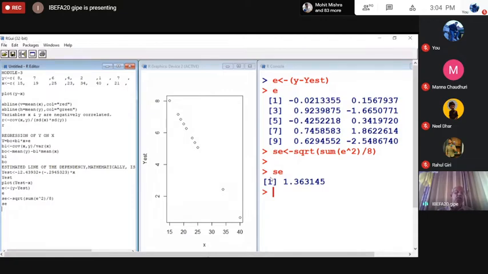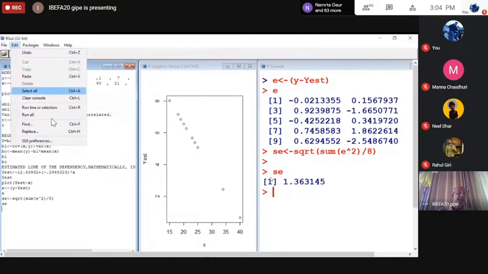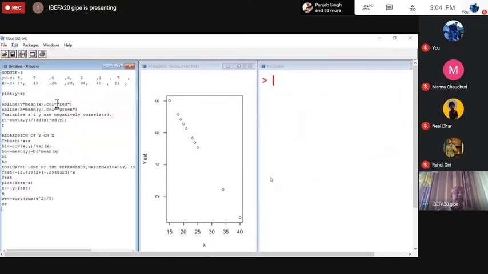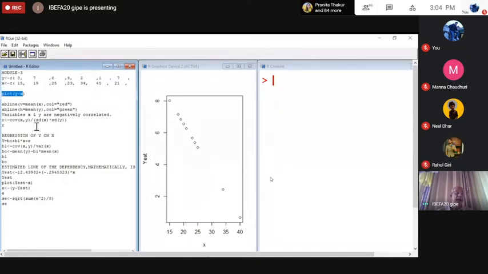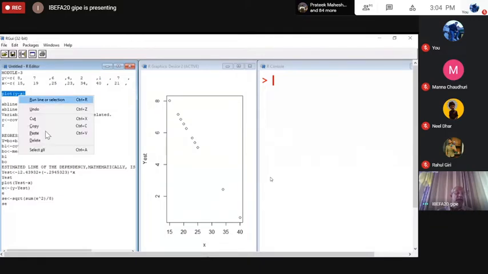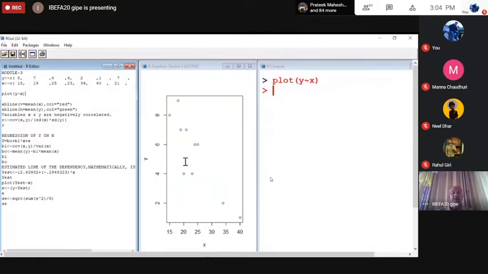So this is what I expected to revise, whatever we stopped last time. I repeat once again. I have the data, and throughout the class I denote the data y dependent variable, x independent variable. I plot the graph.